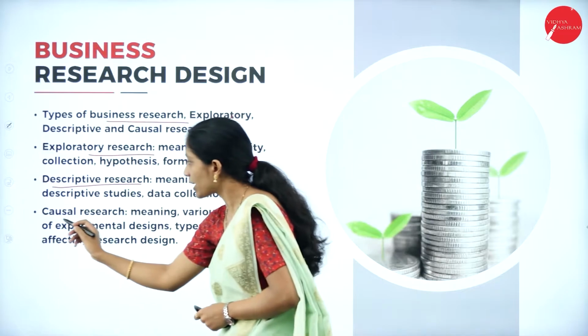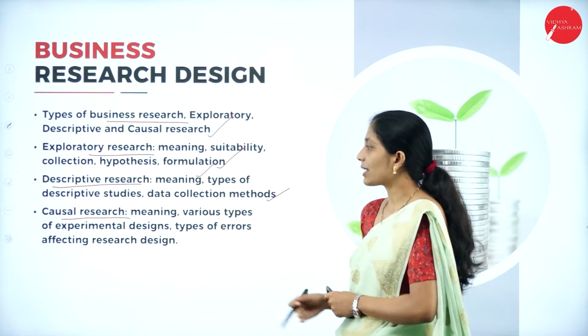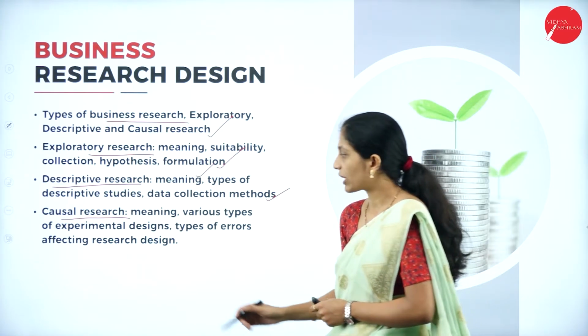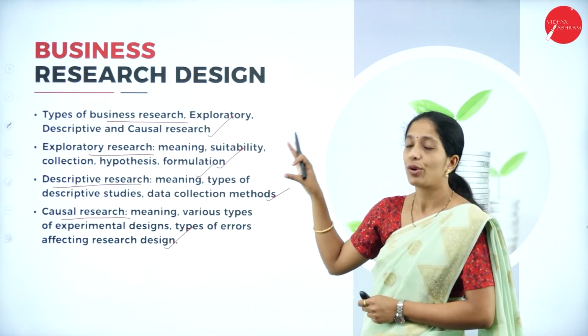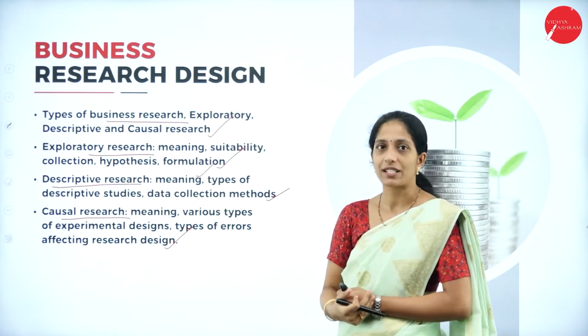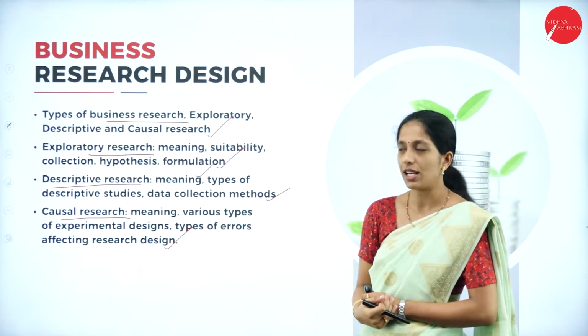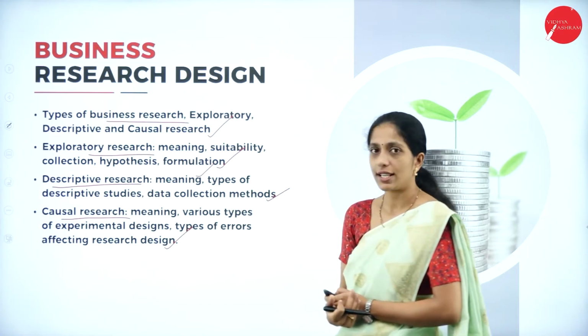And the next type is causal research. Here also you are going to learn about the meaning, various types of experimental designs, types of errors affecting research design. So here you are mainly going to learn about the types of business research, that is exploratory, descriptive as well as causal research. That is the second unit, business research design.